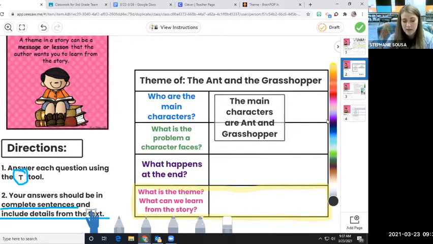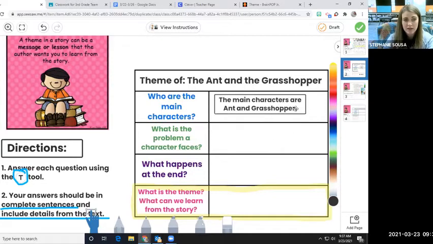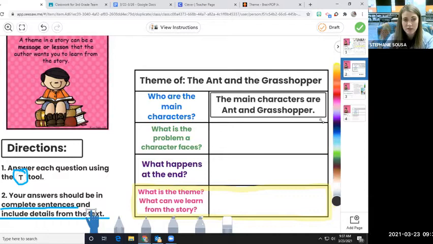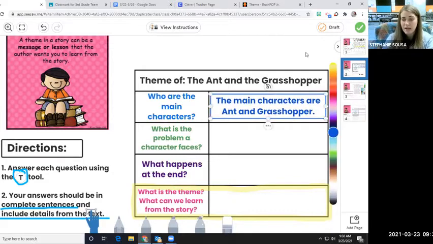Okay, we are typing in complete sentences, and we know that Miss Sousa is not playing games about assignments not being done because she will straight up have another work session instead of a fun activity for the morning time. So let's not do that. Let's get our work done correctly because we're smart and we know how to do it. Okay. The main characters are ant and grasshopper.